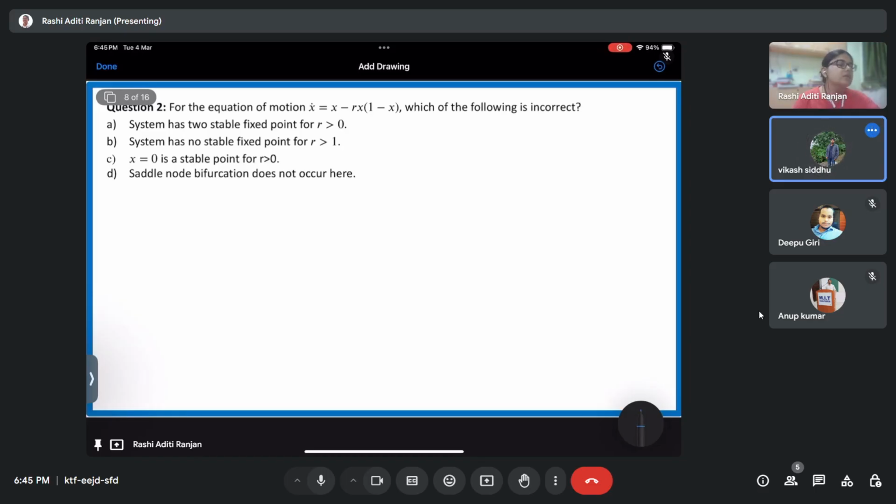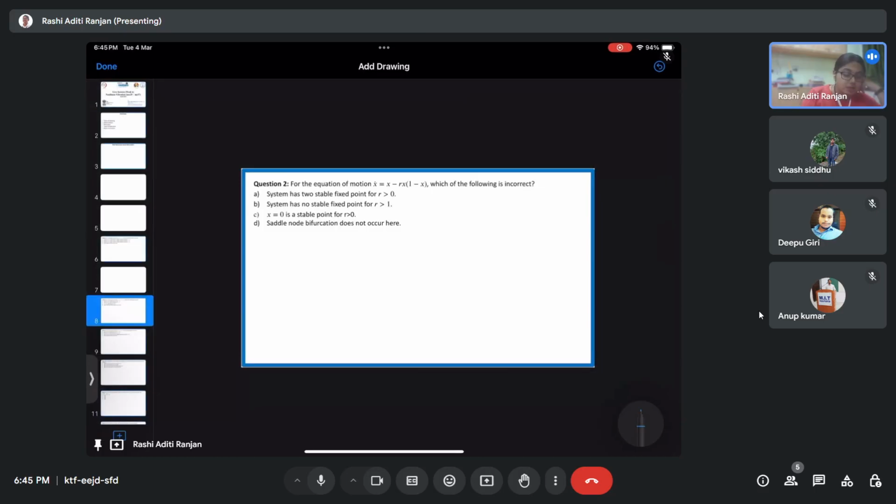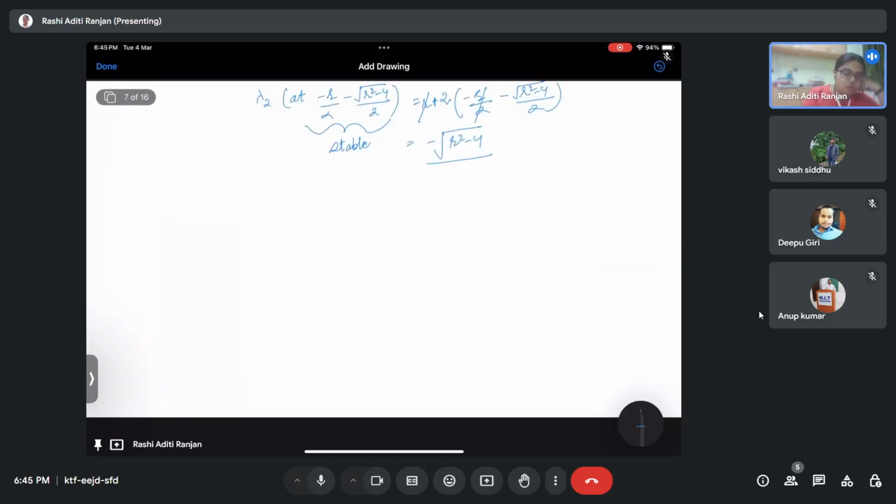Okay. Actually, this comes from a basic concept of differential equations, if you remember. I discussed it in the previous live session also. For a two-dimensional system, we have eigendirections and eigenvalues.